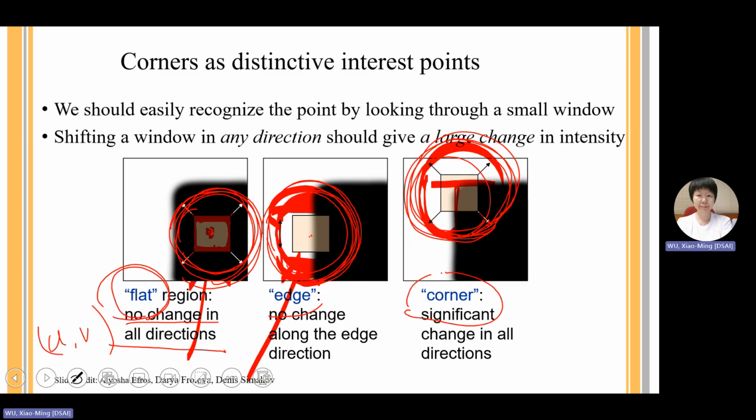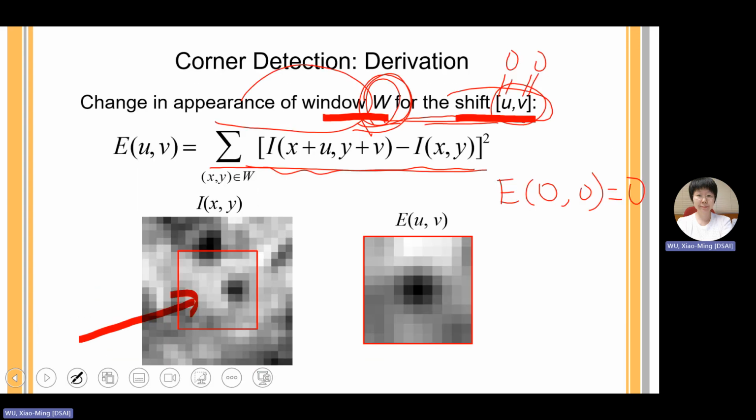Conversely, if there is a significant change along any UV direction, then it represents a corner. In between, there might be a significant change along one direction but no change at all along the other direction. Then it represents an edge. That is the idea, and that's why we want to examine this quantity, E(U,V).